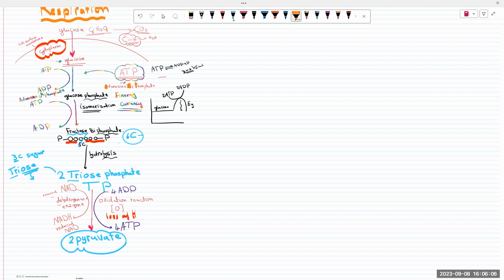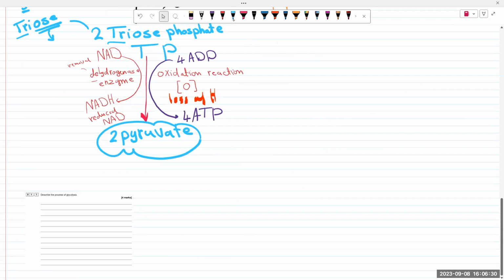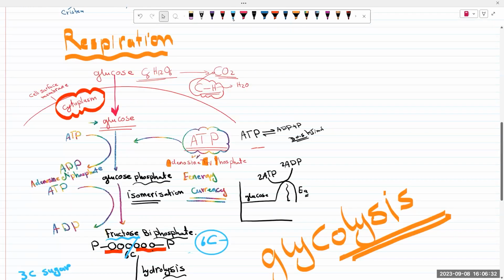Glyco comes from the word glucose. Lysis means breakdown. So the glucose, once it enters the cell and in the cytoplasm, will be broken down into two pyruvate. One glucose molecule will be broken down into two pyruvate.